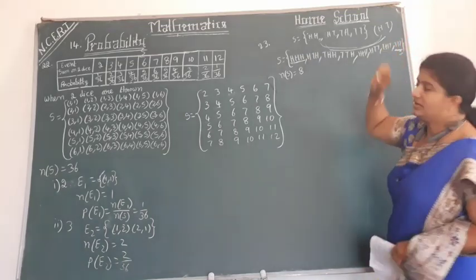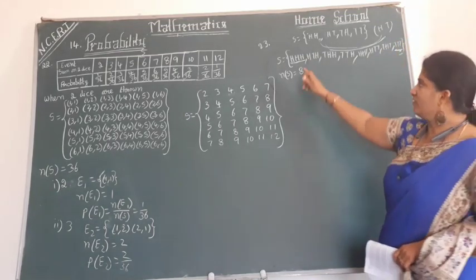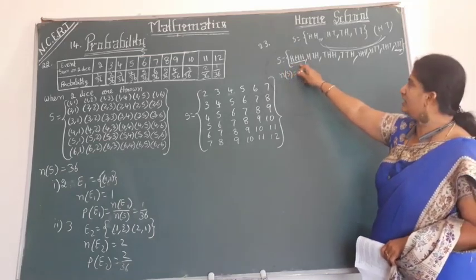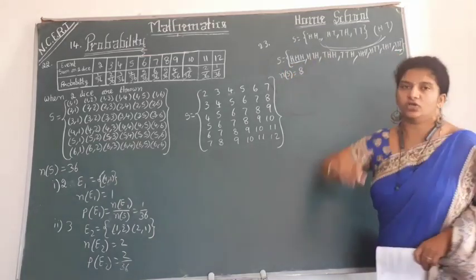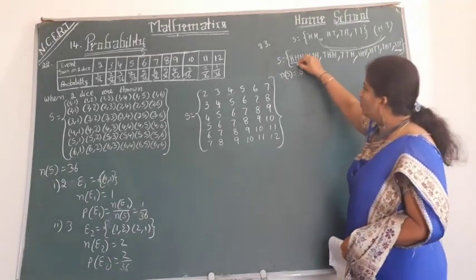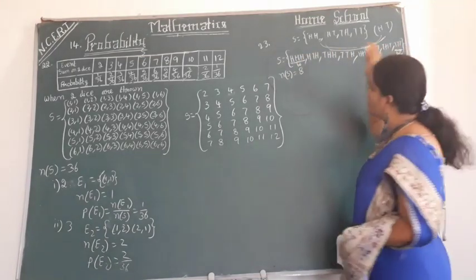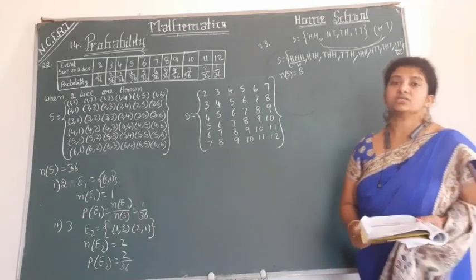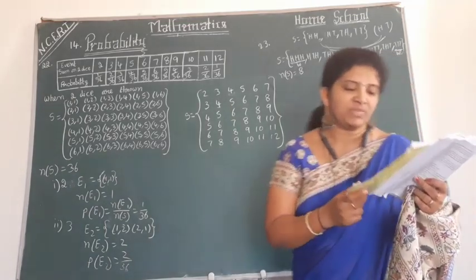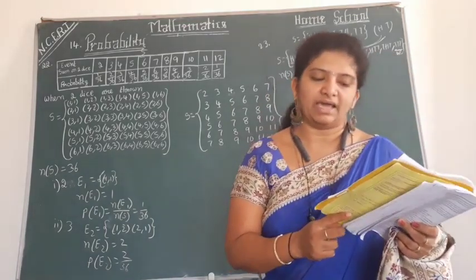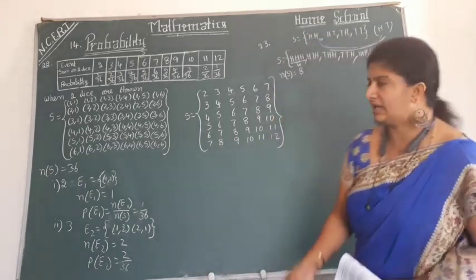What is that? Tail, tail, tail. So if Hanif gets these 2 answers, he is going to win. If he doesn't get these 2 answers, he is going to lose. What is your probability question here? Calculate the probability that Hanif will lose the game.